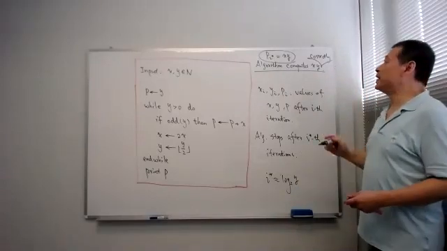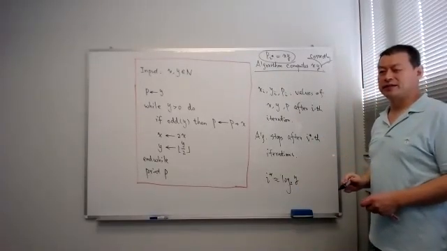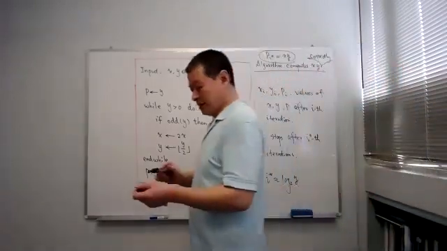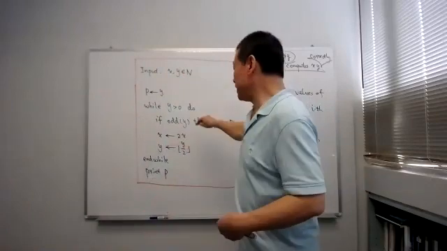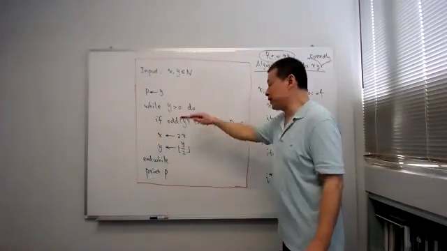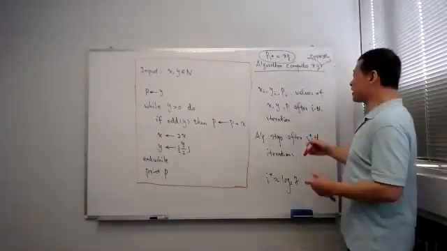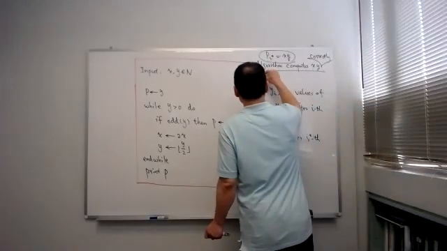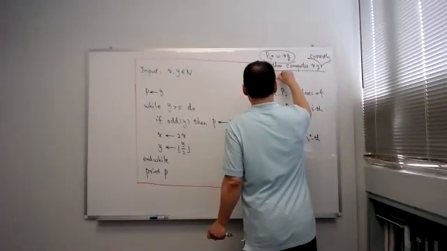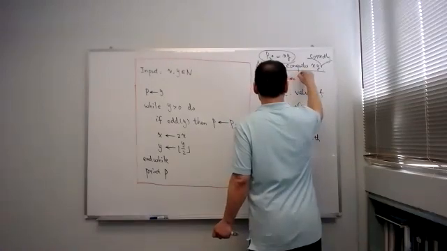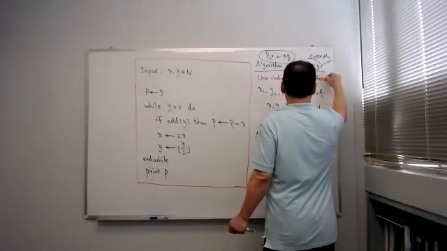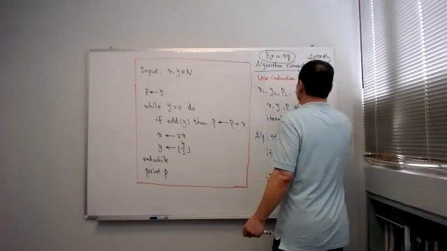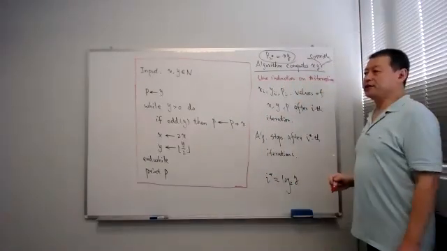Now, how can we prove it when it terminates? So again, very naturally induction comes into play, because it involves the number of iterations. So we use induction on the number of iterations.